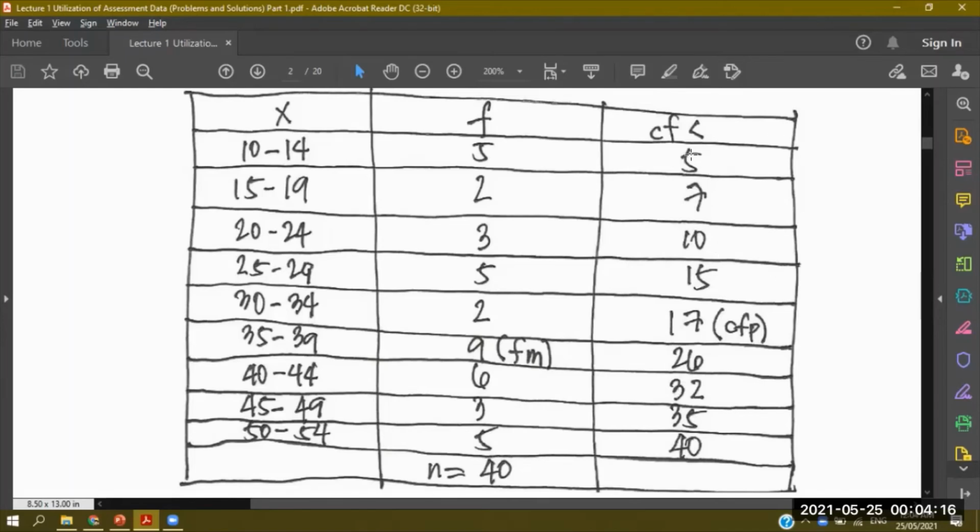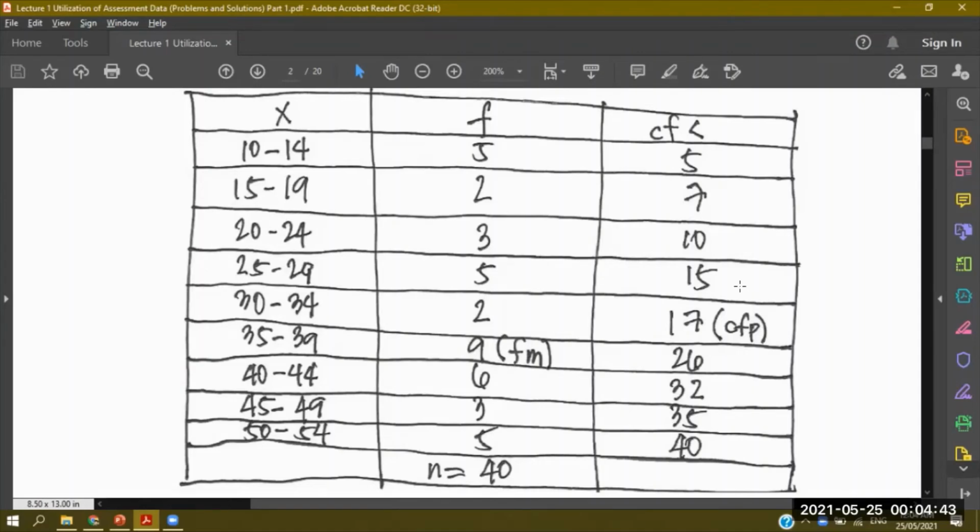Makikita lang natin we have 5, 7, 10, 15, 17, 26, 32, 35, and 40. Try to look at the arrangement of our CF. Our CF is actually arranged from lowest to highest. Therefore, yung formula natin for CFP is actually applicable for this.